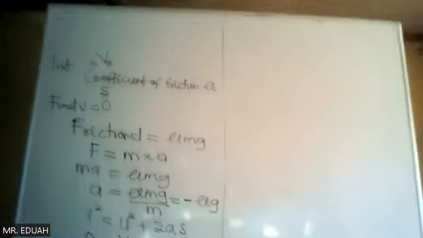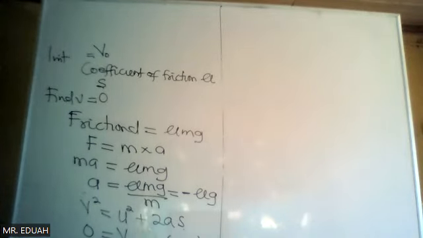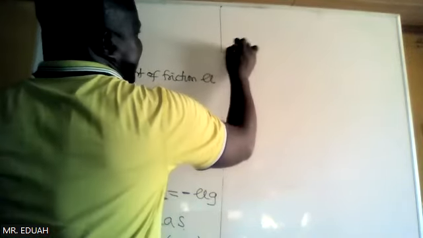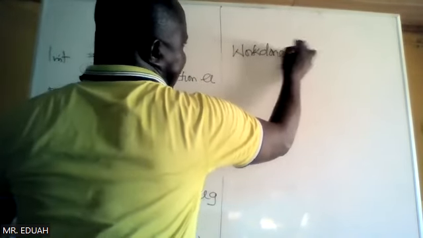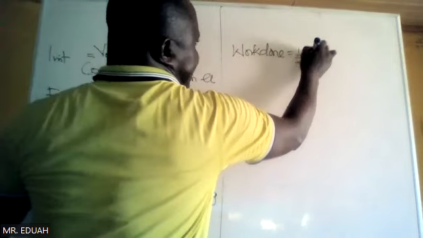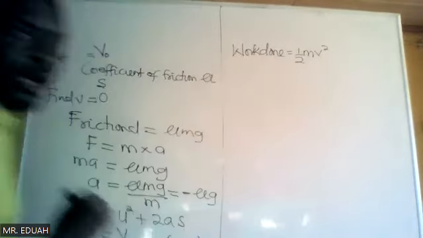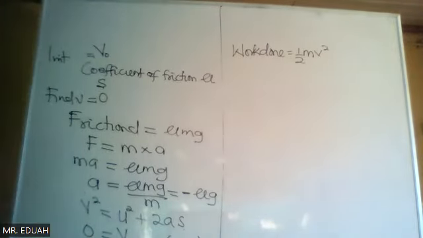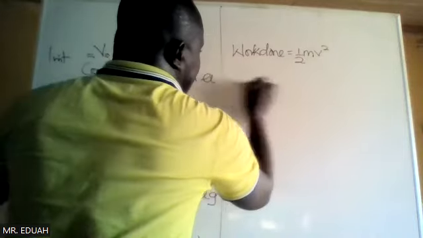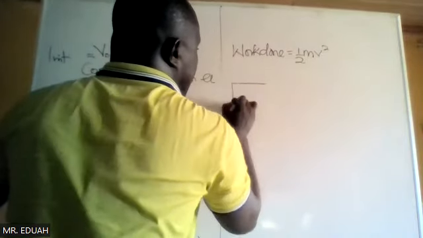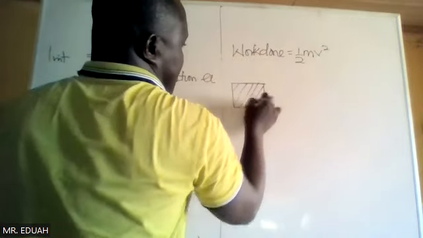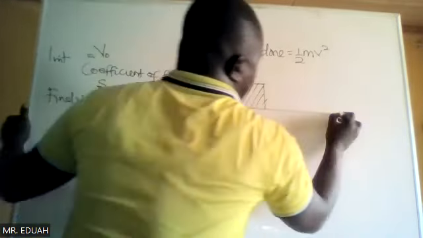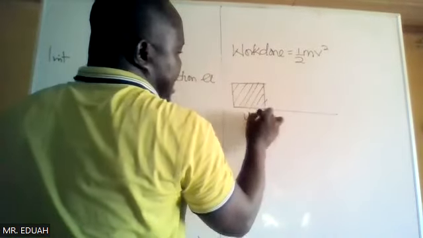Yes. So if I'm to calculate the work done, it is equal to kinetic energy. And I've proven this formula with you before. If this is a body over here, its initial velocity is 0.